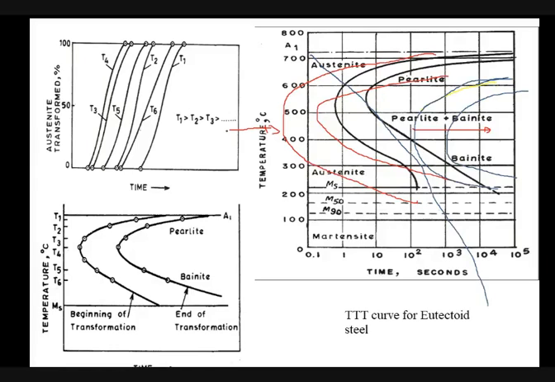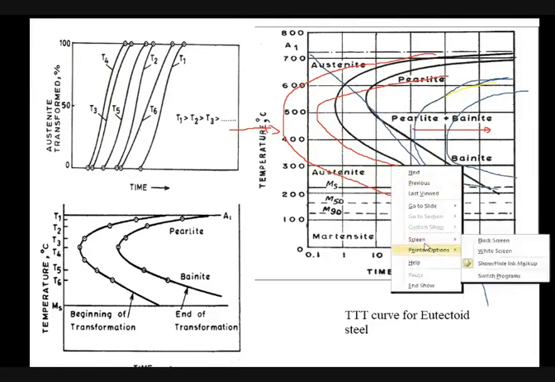All other alloying elements shift the nose to the right side. So you need to draw the TTT diagram for eutectoid steel, hypoeutectoid steel, and hypereutectoid steel. You need to prepare all three diagrams in your notebook, and these three diagrams are very important.